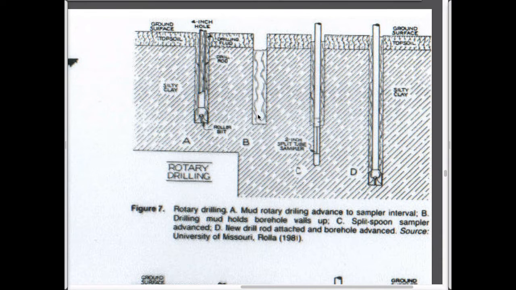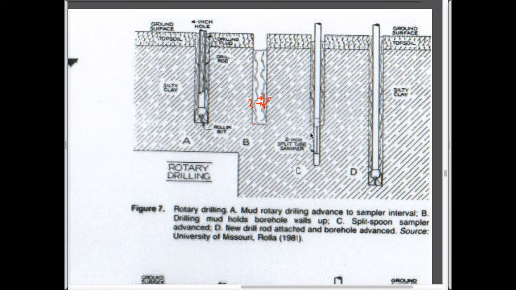The idea of that is to push a pressure against the wall so the wall doesn't collapse. But since you can't take a sample through the tip of this, typically you pull the string and then you put your sampler in and you have the same problems as before, that you might get some collapse if it's not being held open very well. You can minimize that collapse by using water with a heavier loading of mud in it to push back on the walls, so you don't get collapse.